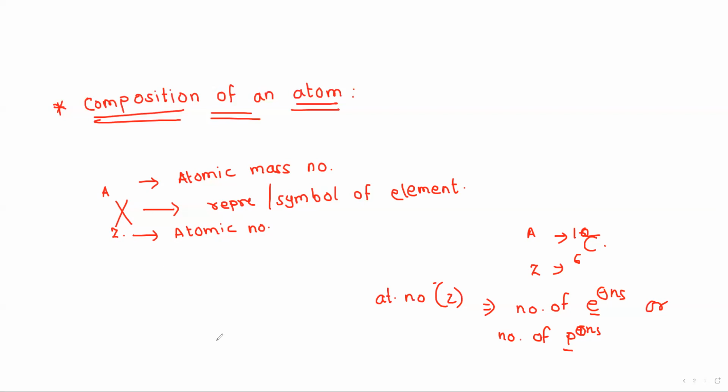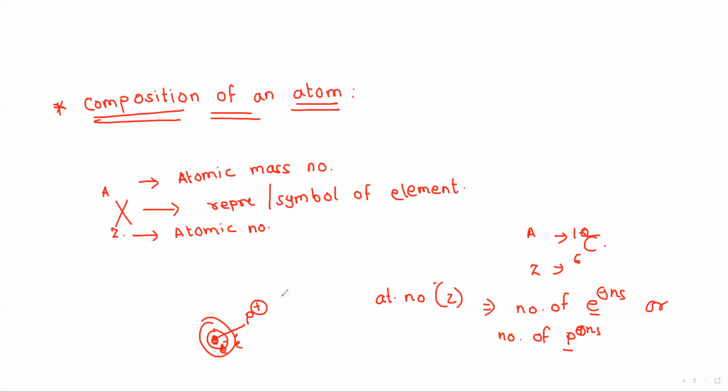In the case of carbon, there are 6 electrons revolving around the nucleus, and also 6 protons which are present in the nucleus, because we already know that protons are present in the nucleus and electrons revolve around the nucleus.